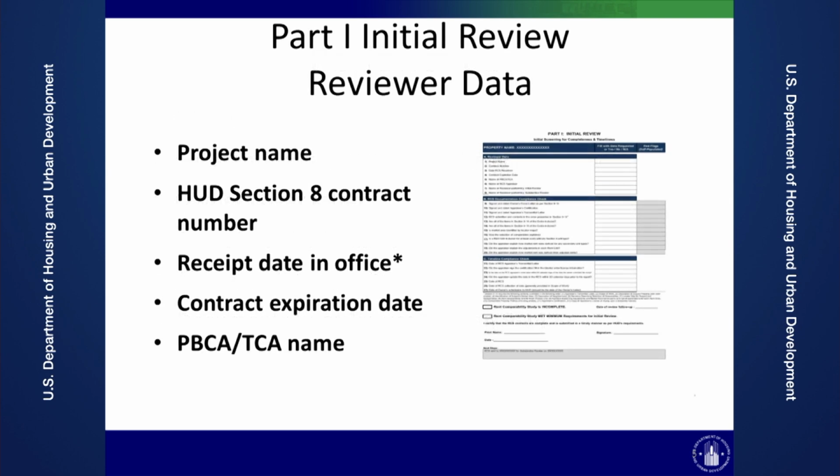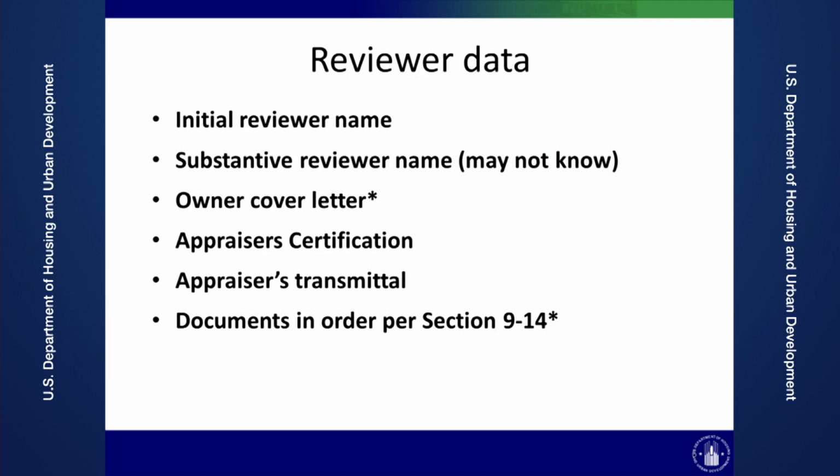You're going to see in the middle of that slide right there that there's a little gray area. What that means is that if the initial reviewer marks a no, there's going to be a little note that pops up and says, more work needs to be done. So if the initial reviewer says, I can't find it, then the initial reviewer is going to have to call the appraiser and say, send it in to us.